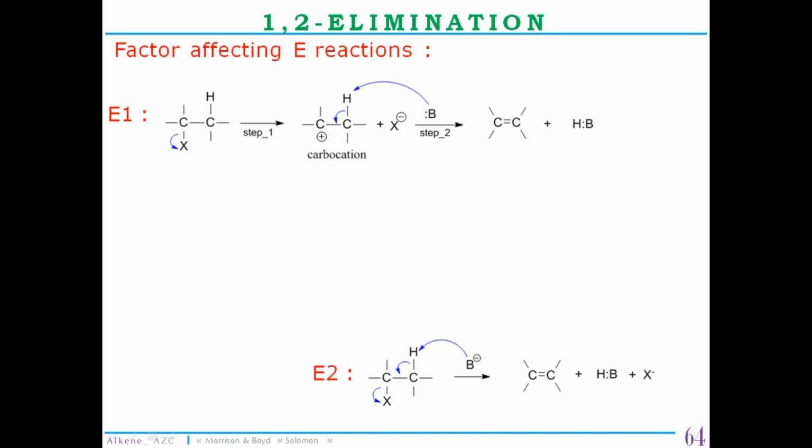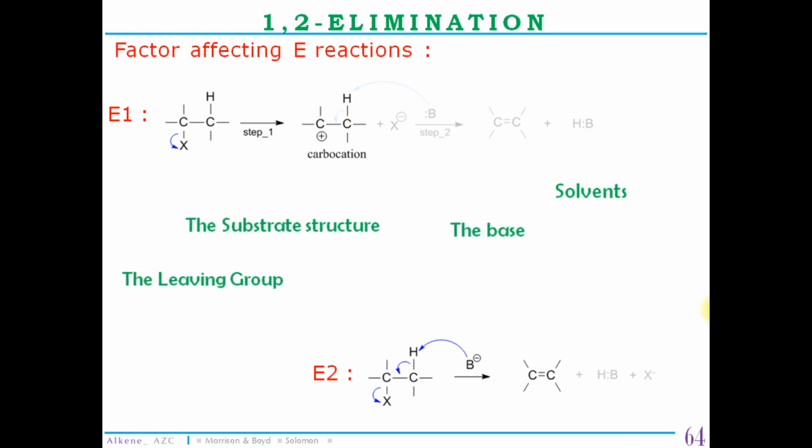Factors affecting elimination reactions. For this, we need to see the important components of both reaction mechanisms. In E1, the rate limiting step is step 1, where we get the carbocation intermediate. In E2, it is a concerted reaction. Here are the factors that influence both mechanisms.